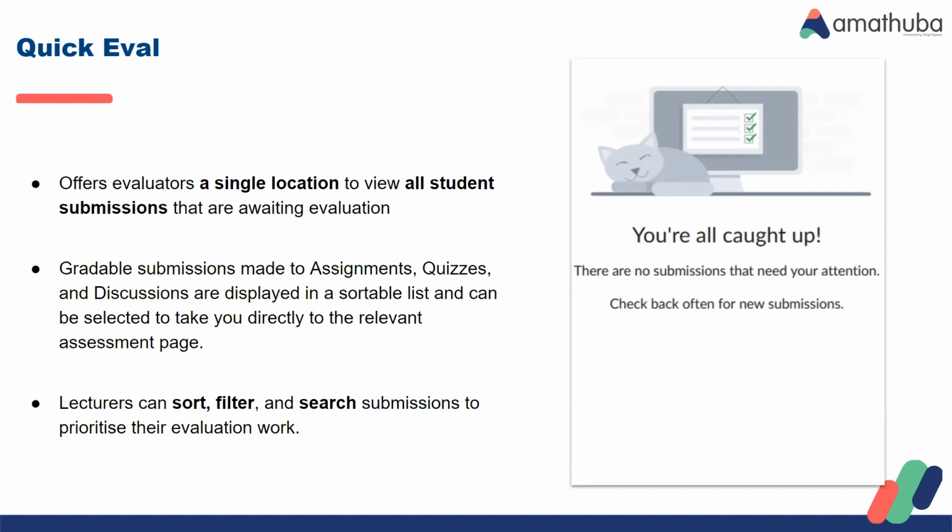This could be a submission made to assignments or quizzes or even discussions if you've elected to make your discussions gradable. These submissions will be displayed in a sortable list, and you can click on the username and jump straight in to grade that particular item. So you can sort and filter and search through the list of submissions to prioritize your evaluation work.